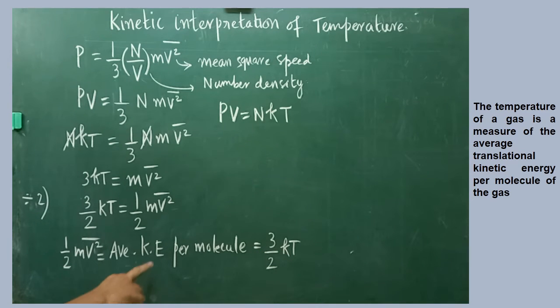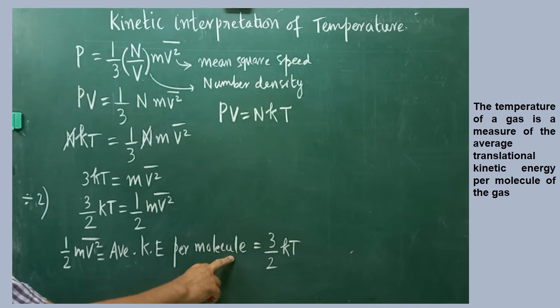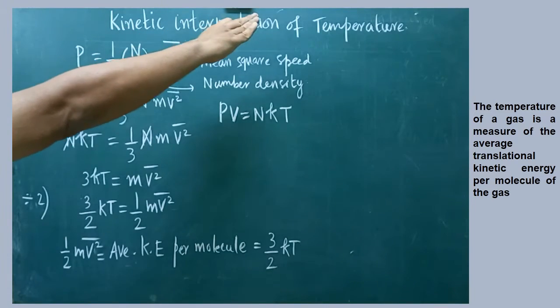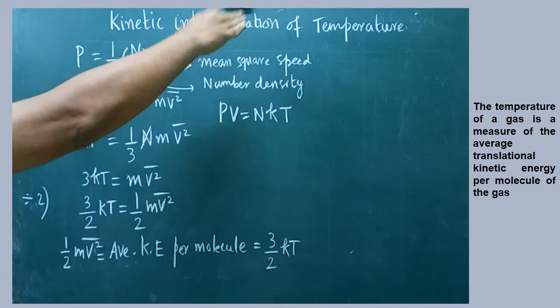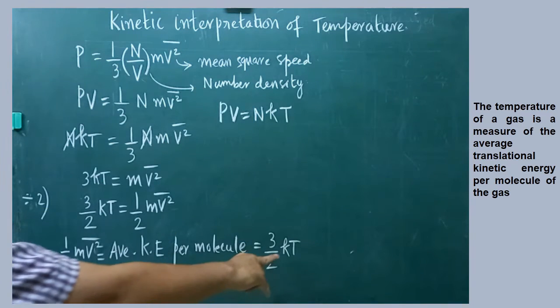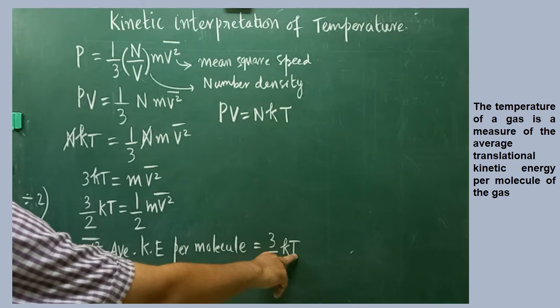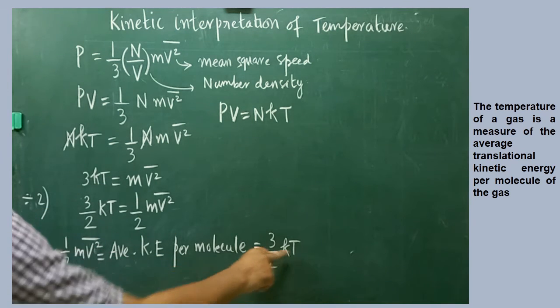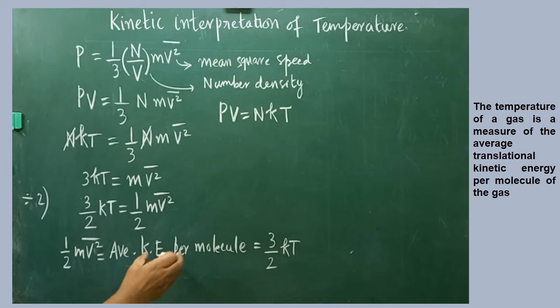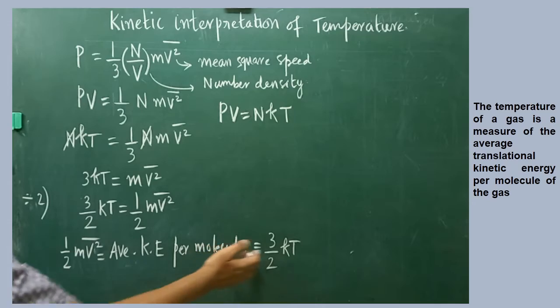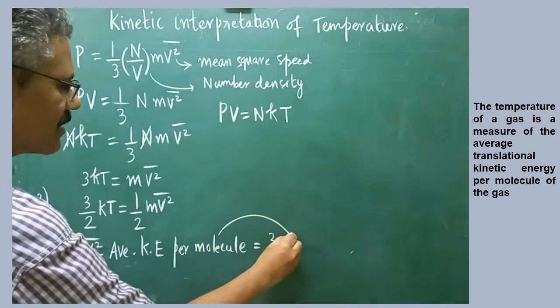So the average kinetic energy per molecule purely depends on the temperature of the gas. That's why the title is mentioned here as kinetic interpretation of temperature. Here the temperature indirectly measures the kinetic energy. The kinetic energy per molecule purely depends on which factor?